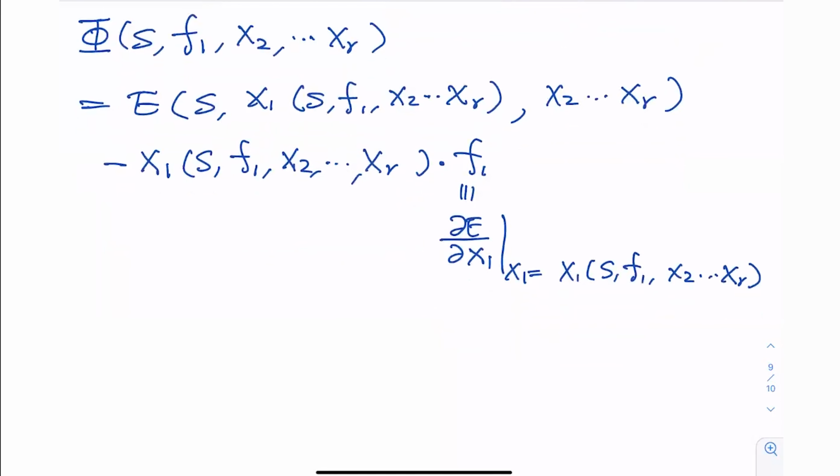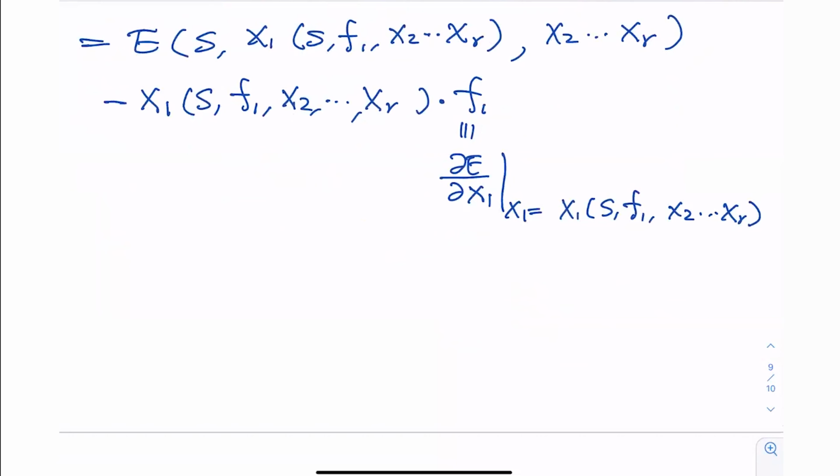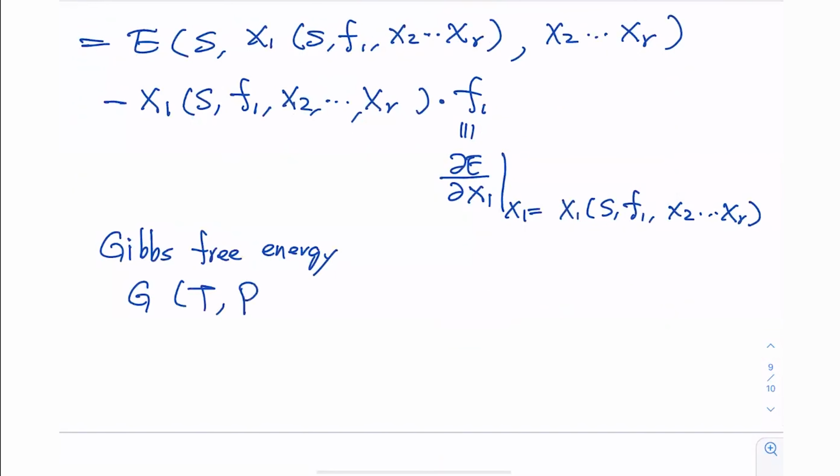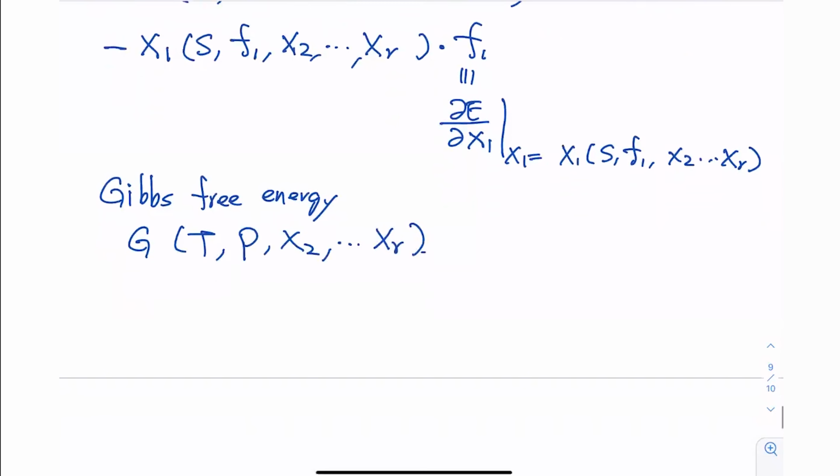So the example of such a generalization includes the Gibbs free energy, which is usually denoted by G, and the variable is the pressure P. The rest are the extensive variables, and also enthalpy.